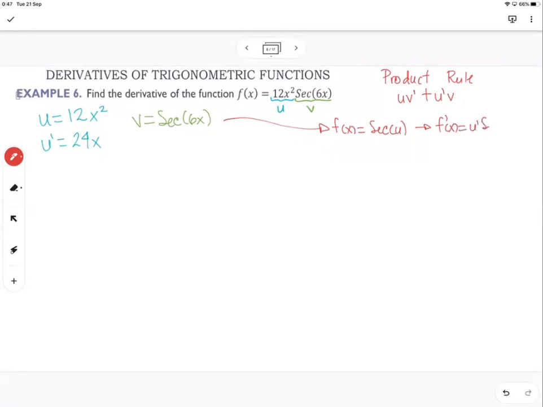U prime secant of u tangent of u, okay? Okay, so let's see.